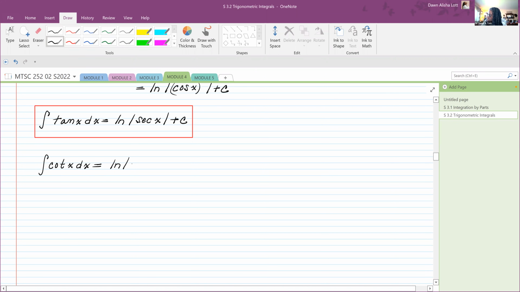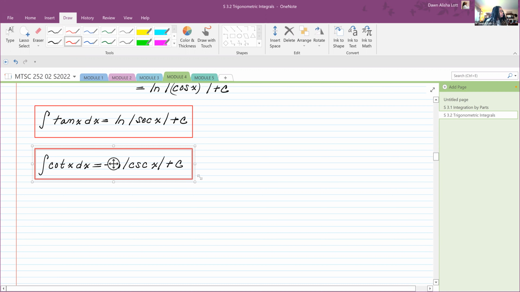So this is negative the log of the cosecant of x plus a constant. So the only one we haven't integrated is secant and cosecant, and they require a little bit of ingenuity.